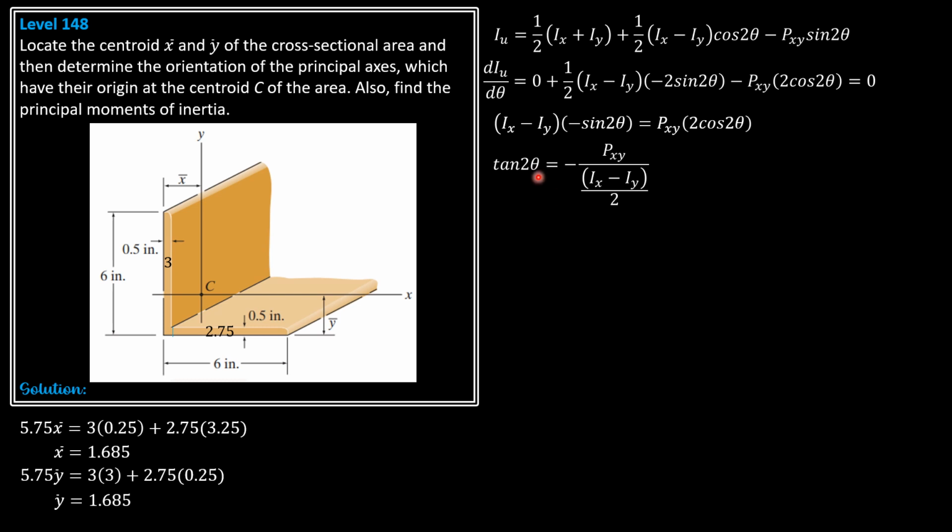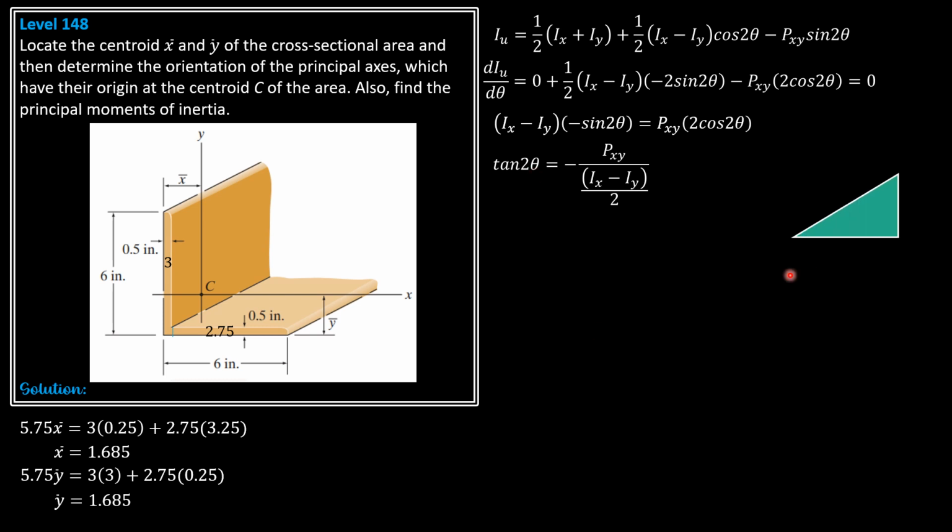So there are two, and they are separated 90 degrees apart in the real situation. In the equation, it is times 2, so 180 degrees apart because we have tangent 2 theta here.